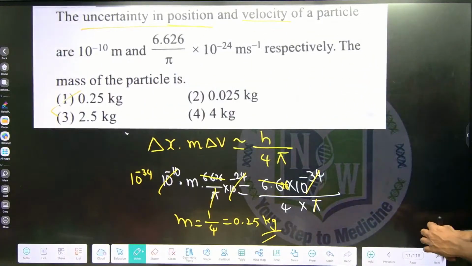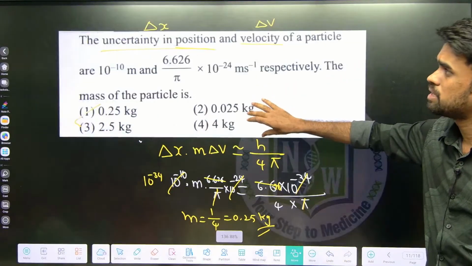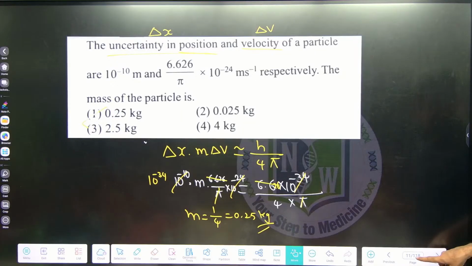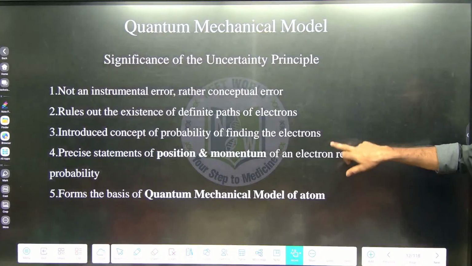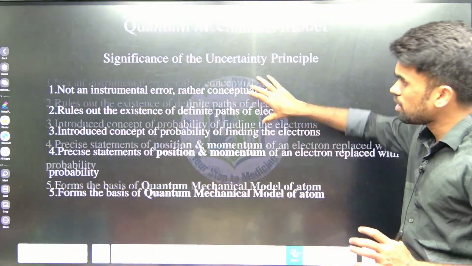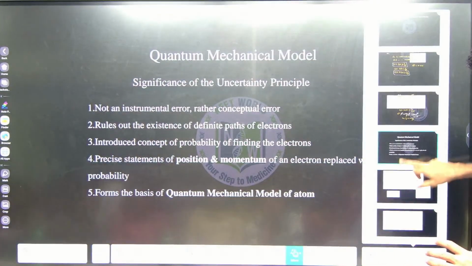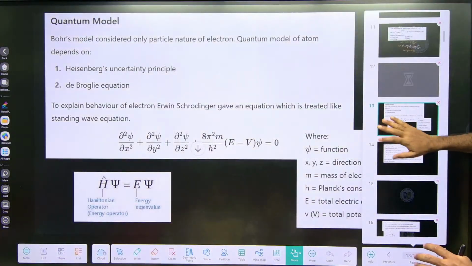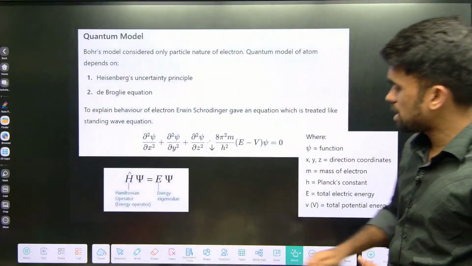Next, we will solve questions related to HUP again after completing the session or during evening study. Now let's move forward to quantum numbers. What is it? Quantum numbers. See, the Bohr model considers what?